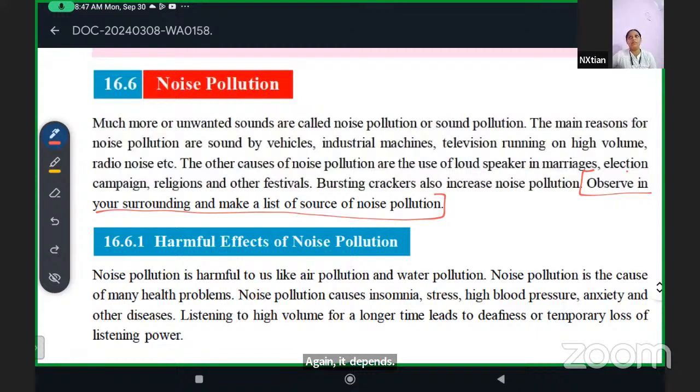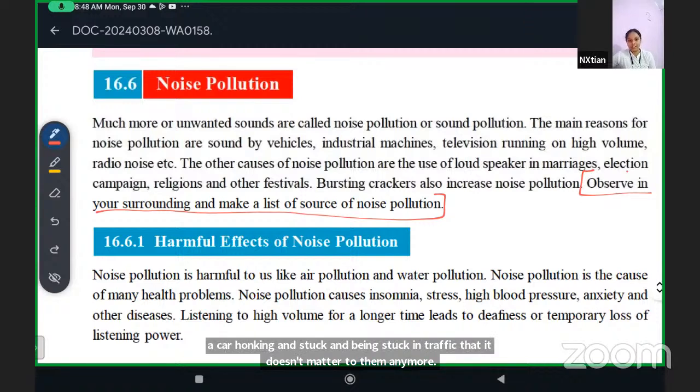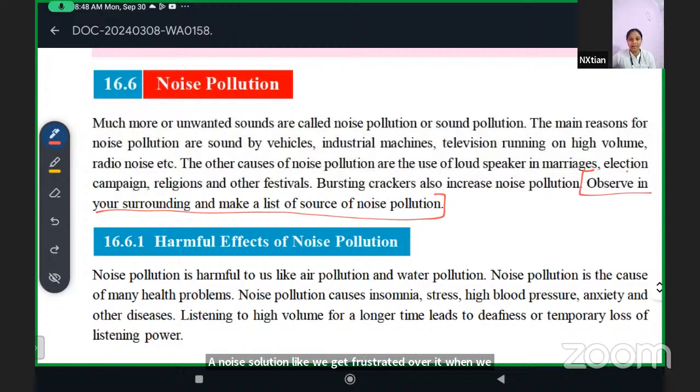Some people get so habituated to car honking and being stuck in traffic that it doesn't matter to them anymore. We get frustrated and stressed when we are stuck in traffic, right? But some places always have traffic, like Delhi.